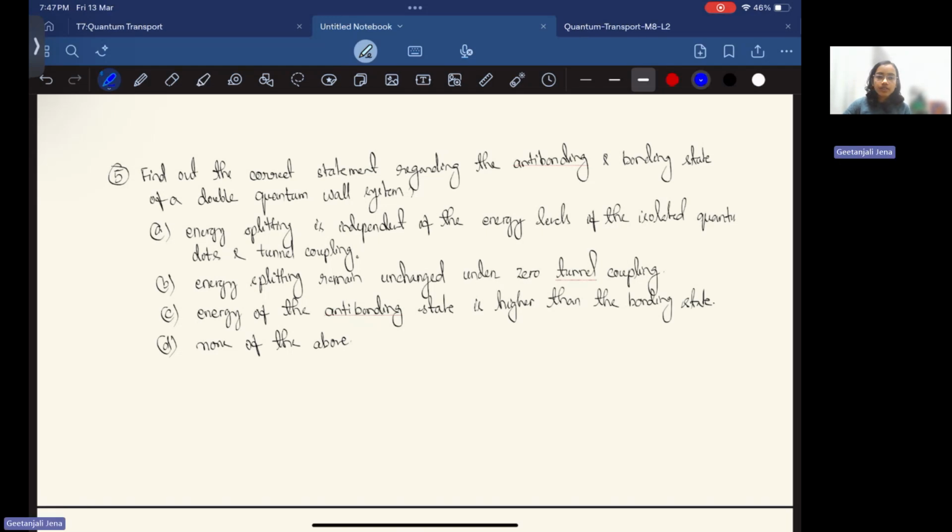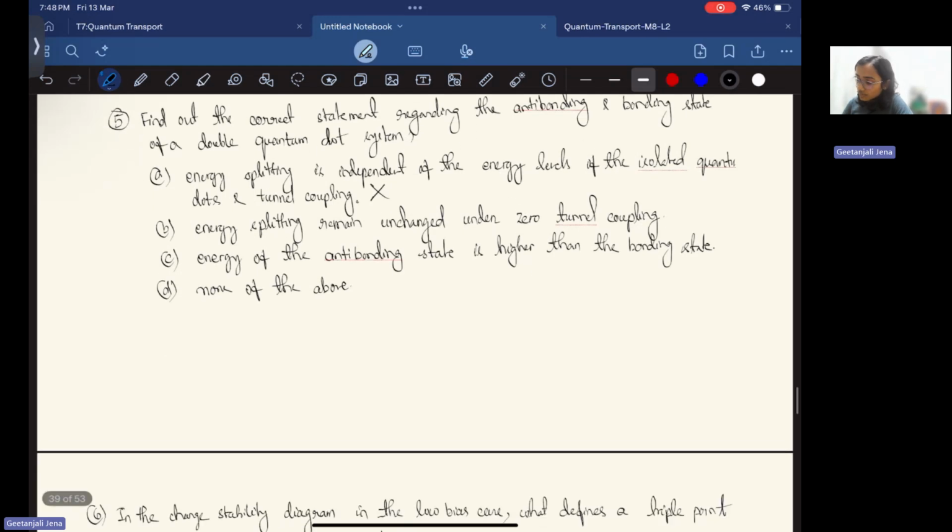Sorry, question number 5. Find out the correct statement regarding the antibonding and bonding state of a double quantum dot system. Option A, energy splitting is independent of energy levels of isolated dots and tunnel coupling.